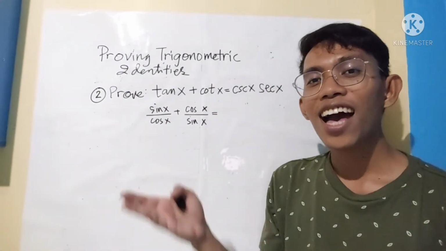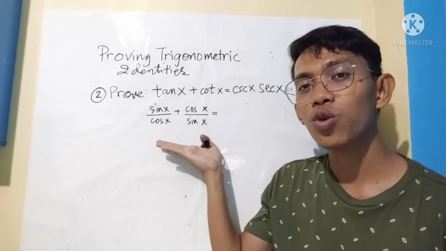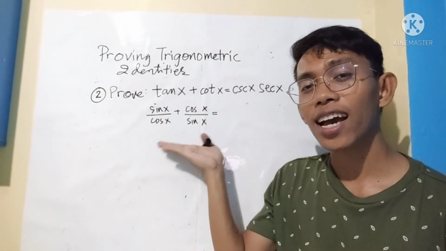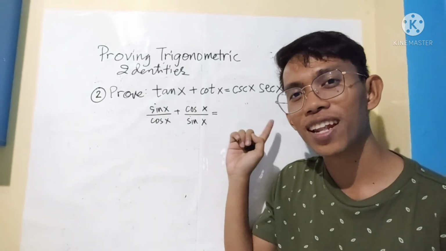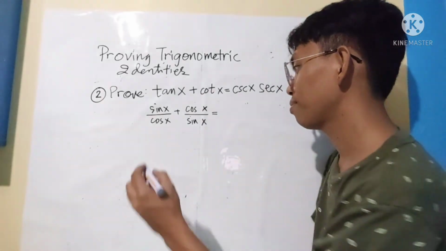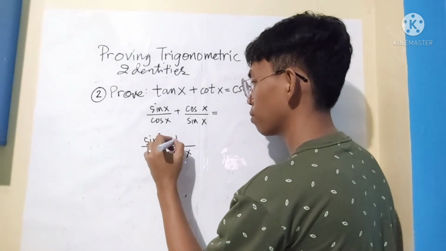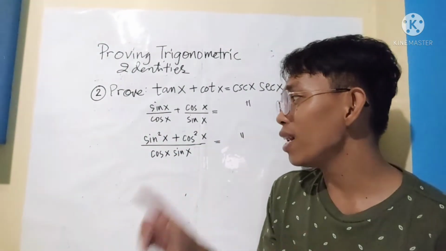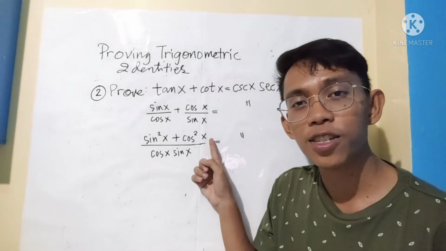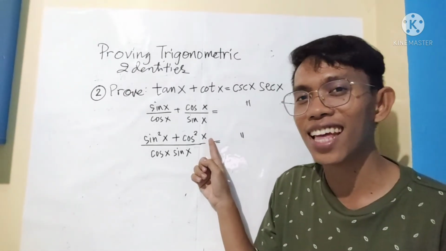Next is, I will simplify yung expression sa left-hand side into a single expression. Kaya ko gagawin yon dahil nga yung pinupuntahan ko ay single expression lamang. At this point, pwede kong palitan tong expression na sine square x plus cosine square x na 1 because we have that identity.